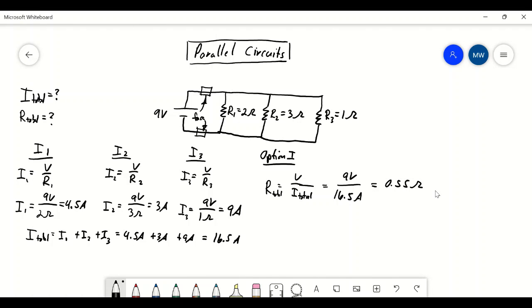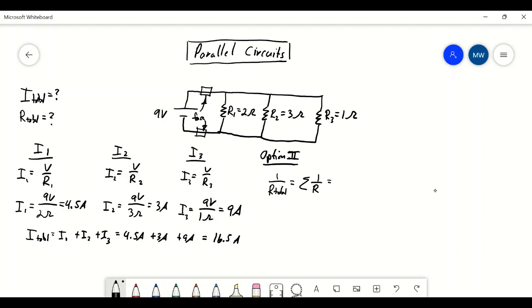So option number 2 is we can use another equation similar to what we use for the series circuit for adding up all the resistors, but this one is 1 over our total is the sum of 1 over R. So that looks kind of funny.